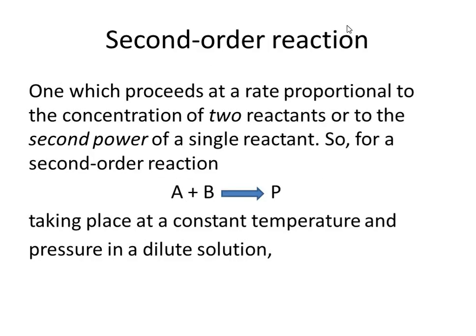Then second order reaction. A second order reaction is one which proceeds at a rate proportional to the concentration of two reactants or to the second power of a single reactant.